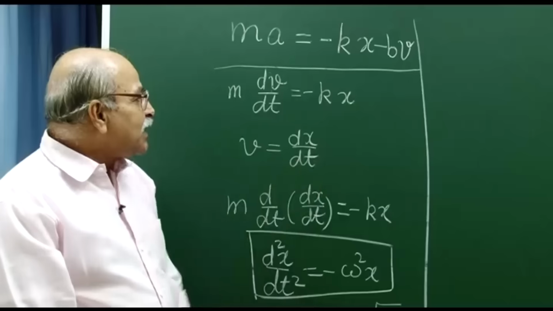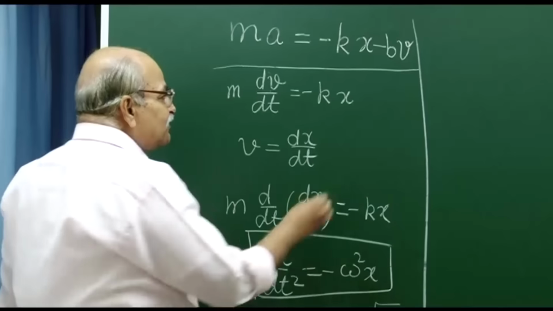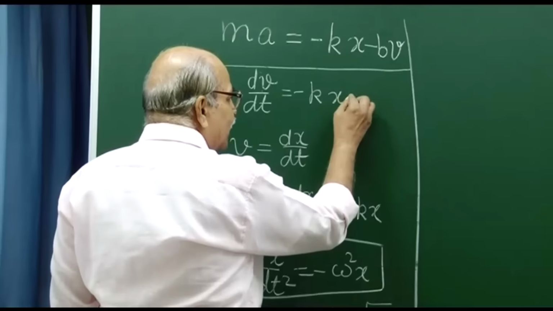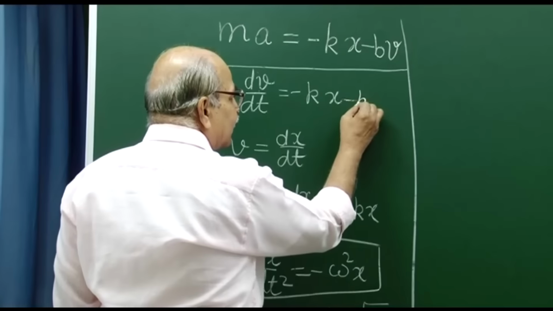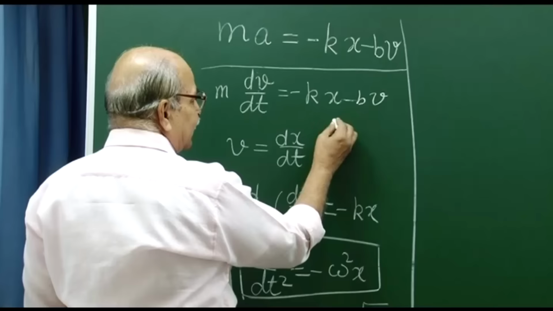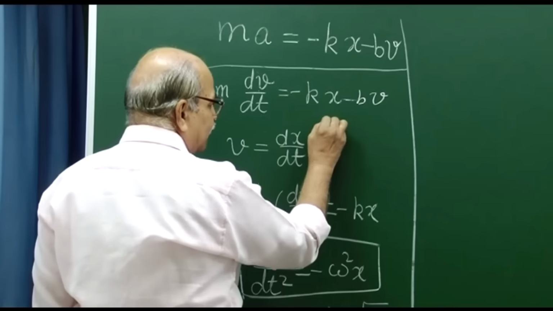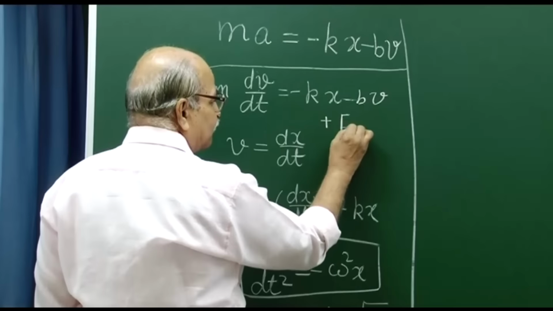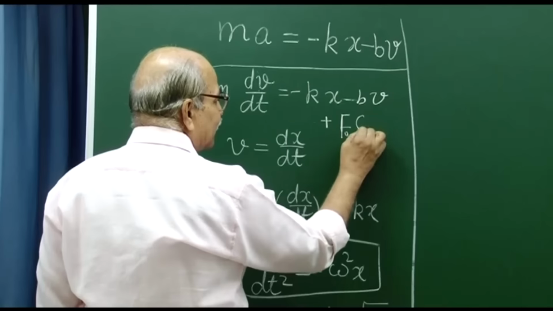Then you have this damping force, and together with that we are also adding an external force, which you can write as plus some, let us say, f naught cos omega t.